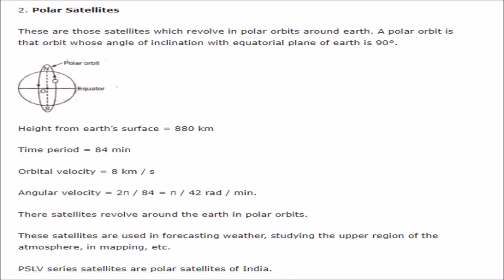Polar satellite. As we just saw, geostationary satellites move on an equatorial orbit like this. The polar satellite, on the other hand, if these are the poles, will move around this way.